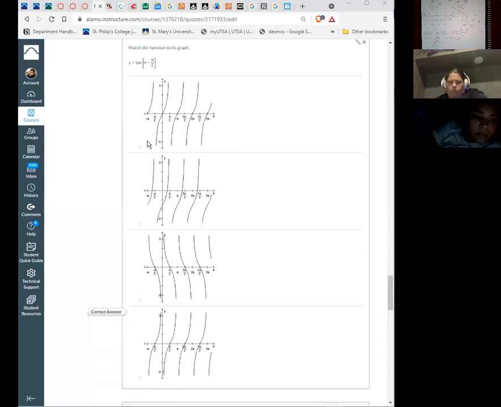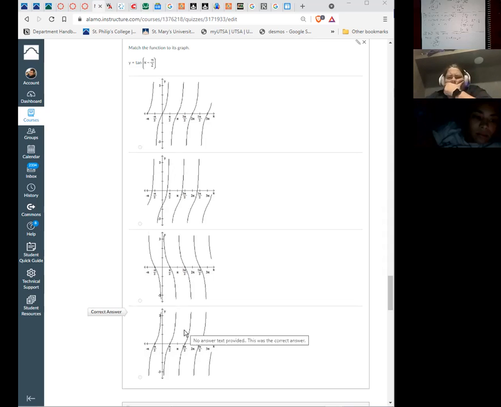So this is the only one that's shifted. This one's reflected. This one's shifted incorrectly, and it's facing the wrong way. So it has to be this shape. Has to be A or D. And it has to be shifted correctly. And this is the original, so it can't be that one. It has to be this one.